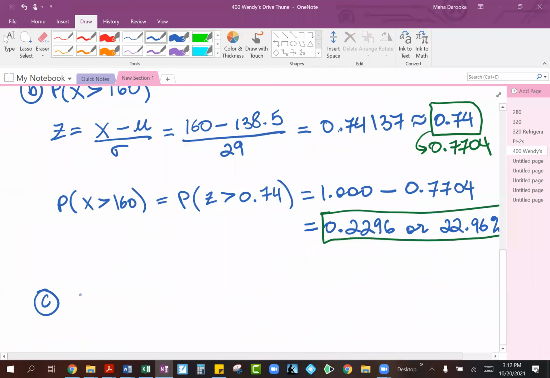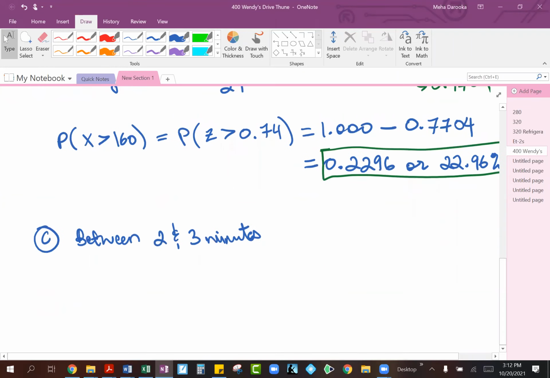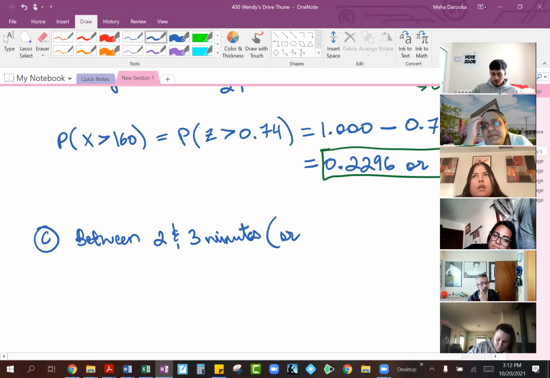So it says between 2 and 3 minutes. Can you tell me what we will rewrite this as in seconds? 120 and 180. Very good.